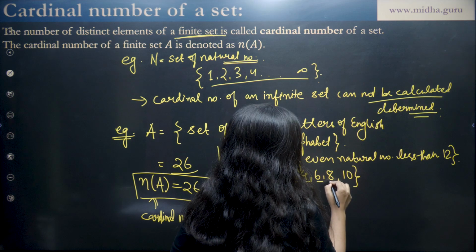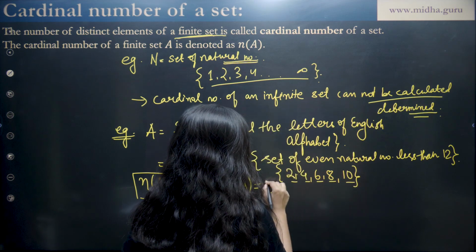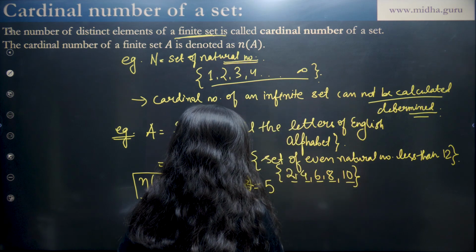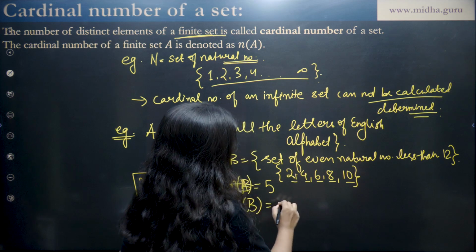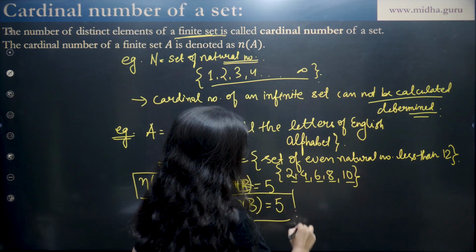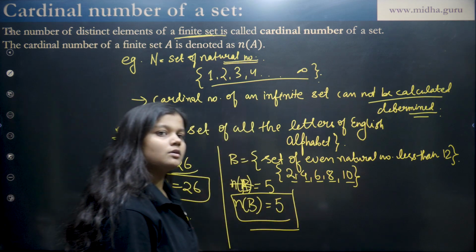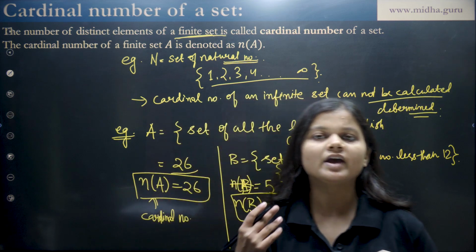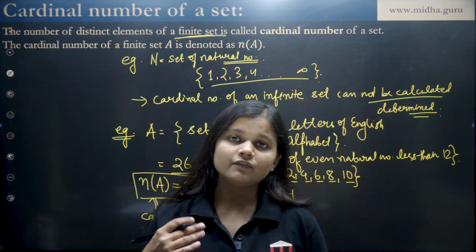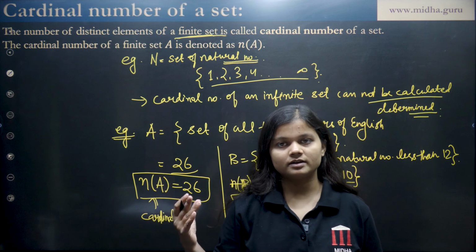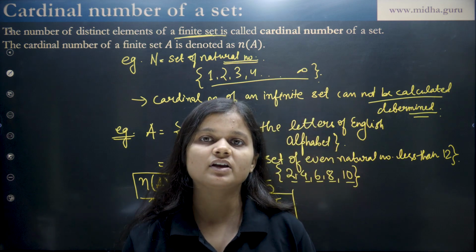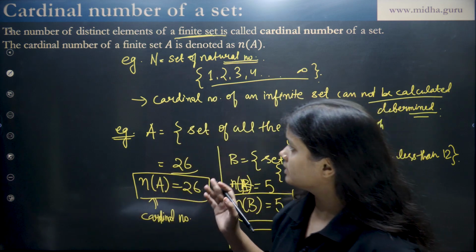So 1, 2, 3, 4 and 5. So the cardinal number for this, n of B, is 5 over here. So the cardinal number is the total number of elements inside the set. If the total number of elements is 5, the cardinal number is 5. So the total number of elements is just the cardinal number of the set.